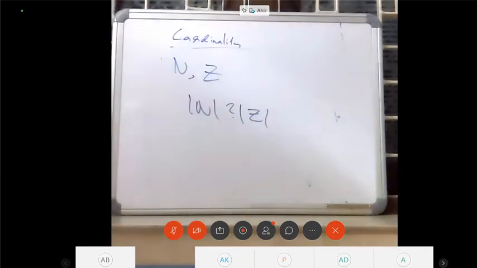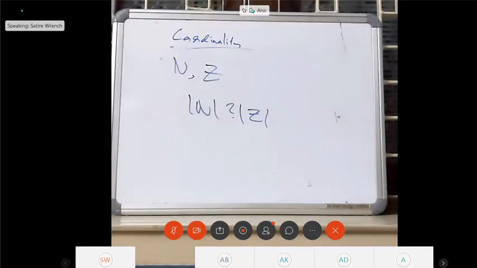Can you establish a bijection such as this? Okay, I'll repeat the question once. So we have the two sets, N and Z. N is the set of natural numbers and Z is the set of integers.